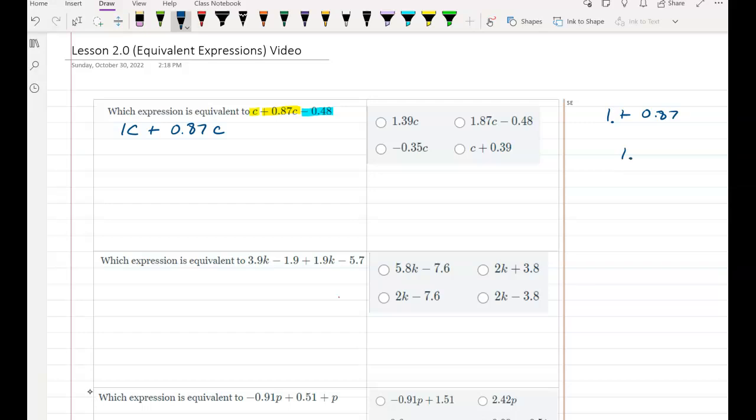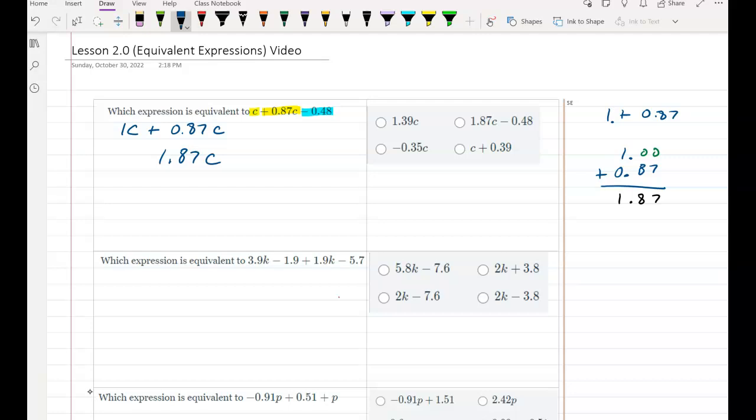So we have 1 point, and then we have 0.87. We add those together, and of course we're going to add some zeros to block everything up. So 0 plus 7 is 7, 0 plus 8 is 8, and 1 plus 0 is 1. So 1c plus 0.87c is 1.87c.